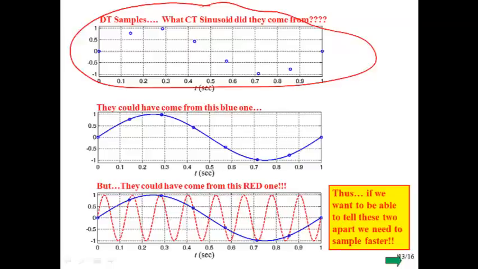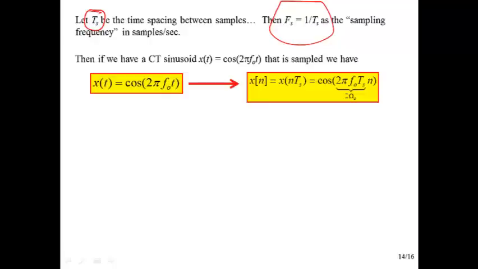So if we want to be able to tell these two sinusoids apart, we would need to sample faster, or equivalently, if we sampled at this rate, we would have to assume that somehow we've limited the frequencies that we're allowed to sample to just be below a certain level. So we'll let T sub s be the spacing between samples. And remember, the reciprocal of that is called the sampling rate, and that's in samples per second.